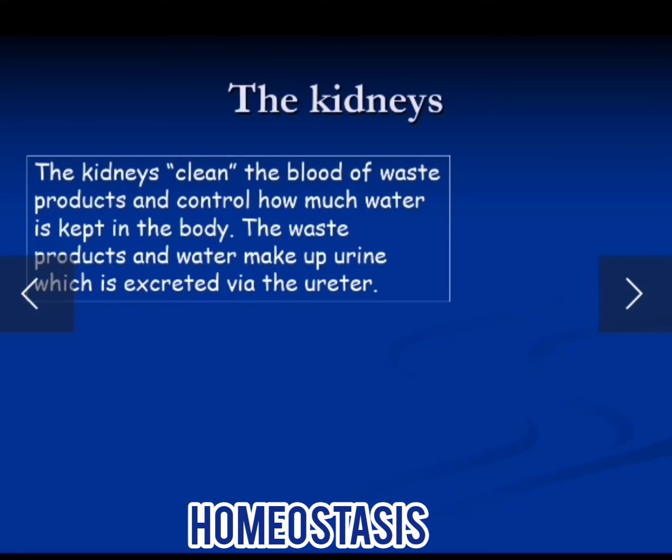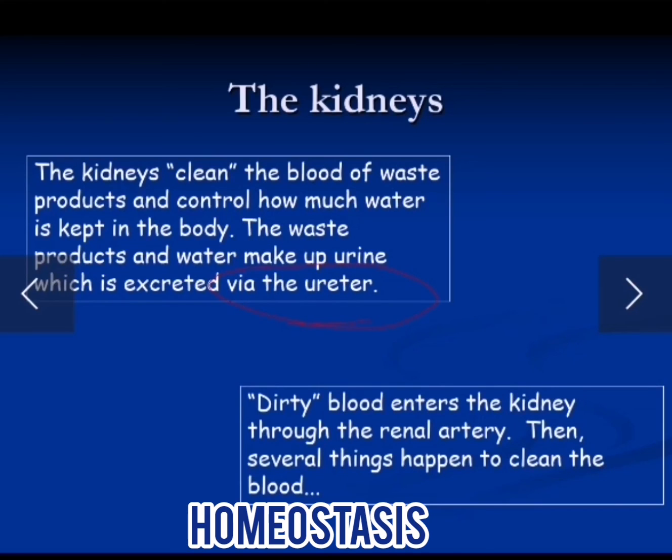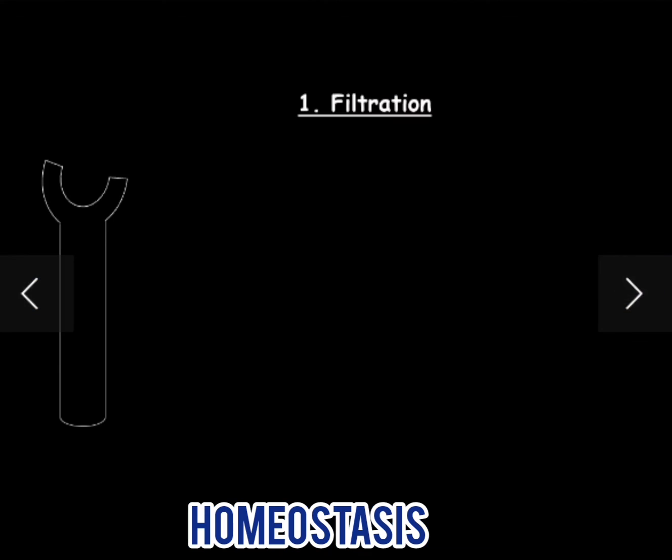The kidneys. The kidneys clean the blood of waste products and control how much water is kept in the body. The waste product and water make up urine, which is excreted via the ureters. Dirty blood enters the kidney through the renal artery. Then several things happen to clean the blood.